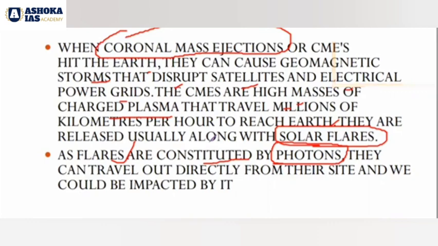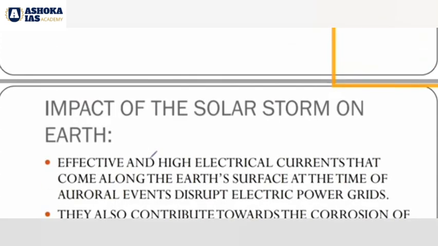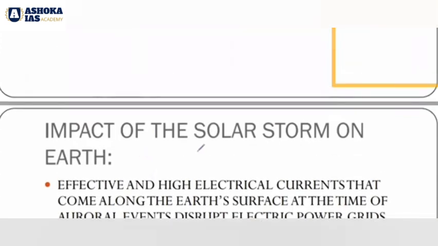So the solar flares carried by the solar wind carry light and highly charged energetic plasma. Plasma means charged particles, and light is technically called photons, which are also packets of energy. When these energies interact with the Earth's magnetic field, again it may cause some problems in the Earth's atmosphere.